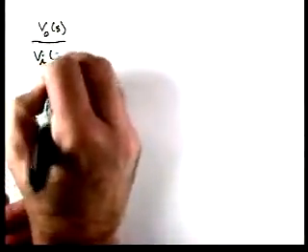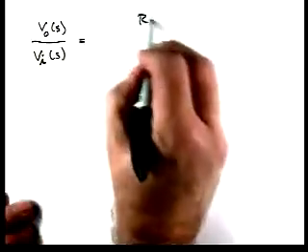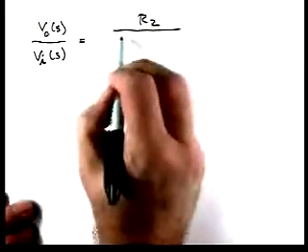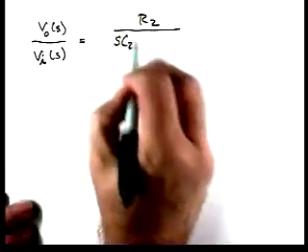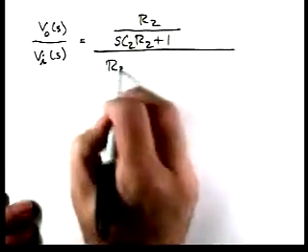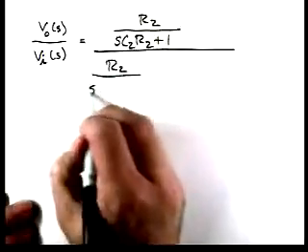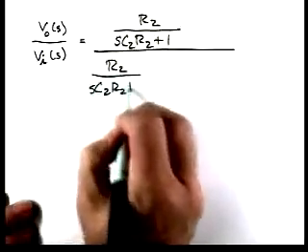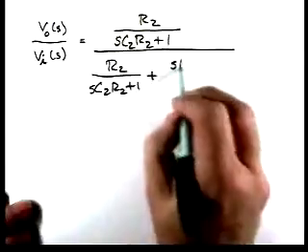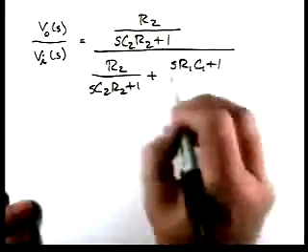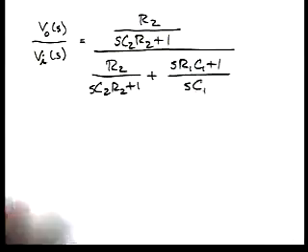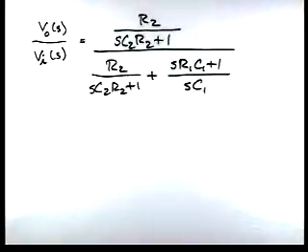So we have V0 over Vi, then is R2 over (sC2 R2 plus 1) over R2 over (sC2 R2 plus 1) plus sR1C1 plus 1 over sC1. So now we've got a ratio of our voltages.